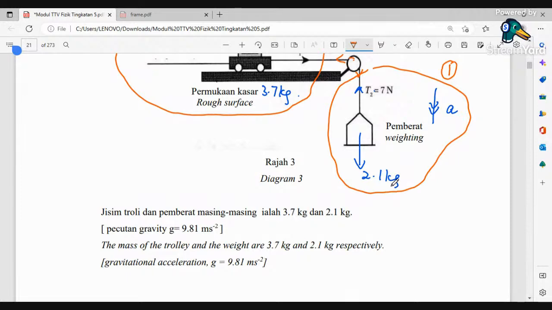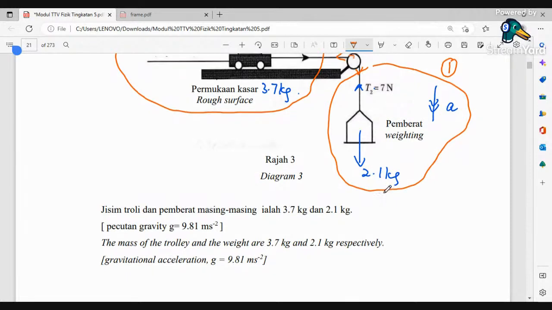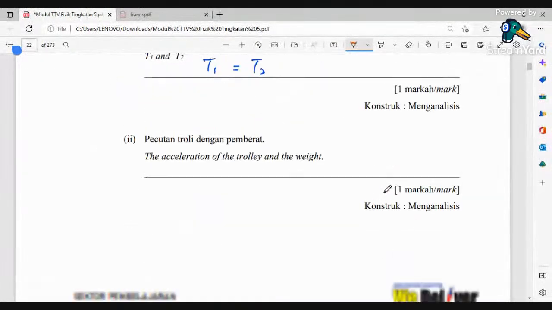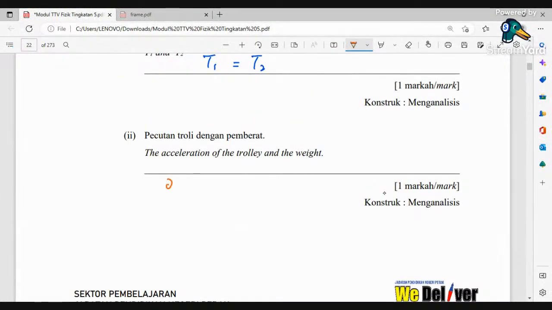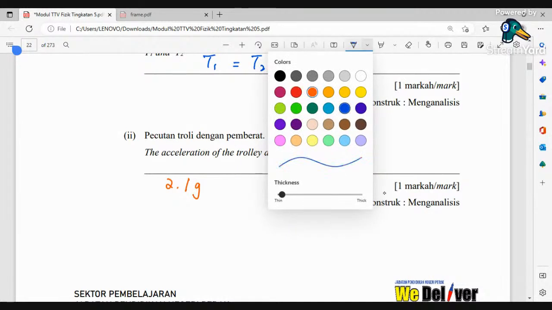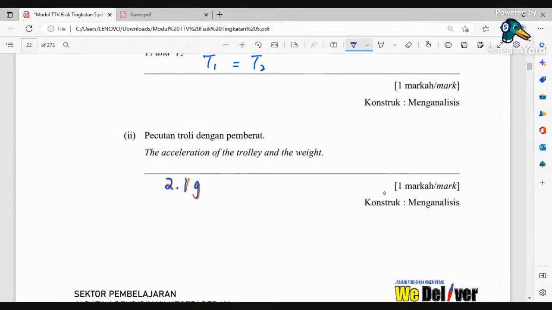Okay, for the first system moving downward, we take downward as positive. 2.1 g minus T2 equals 2.1a. That means the weight downward minus T2 equals ma.